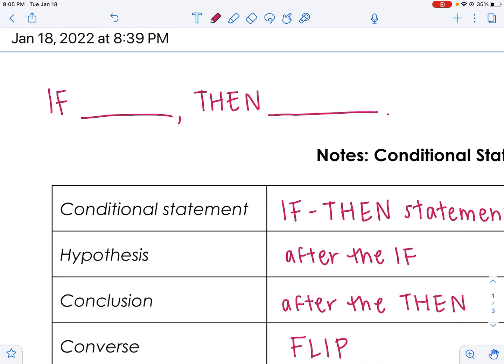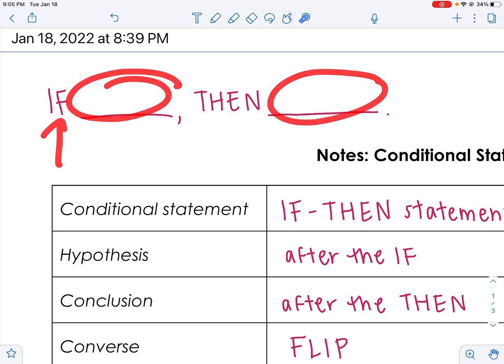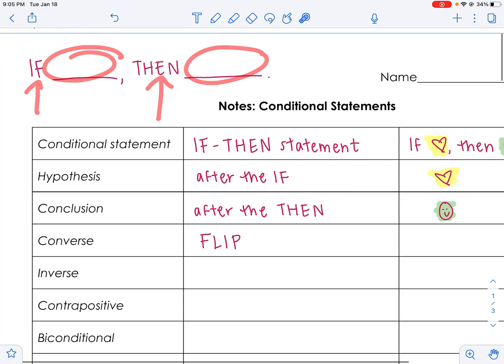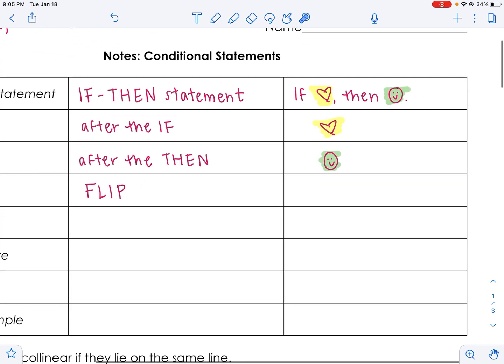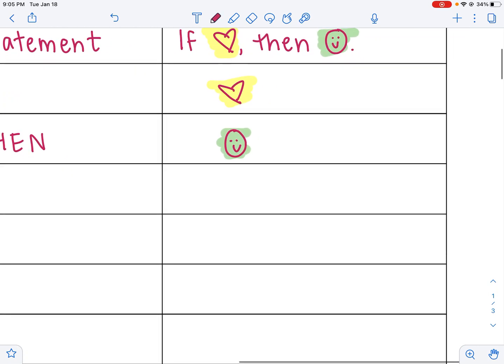So if something, then something. And what we do is we change this part of it, but we always keep the if and the then. Always, always. So if I'm going to flip this, it wouldn't be if heart, then smiley face. It should be if something, then something.